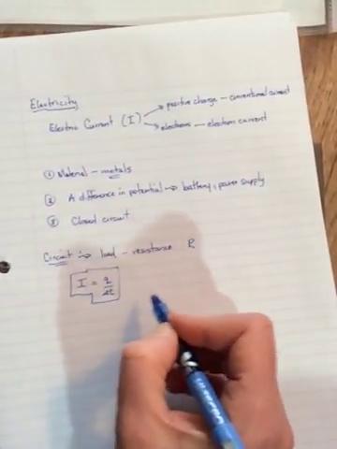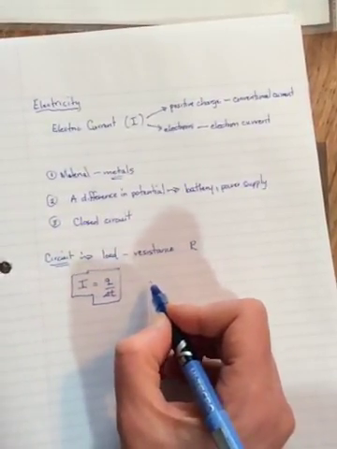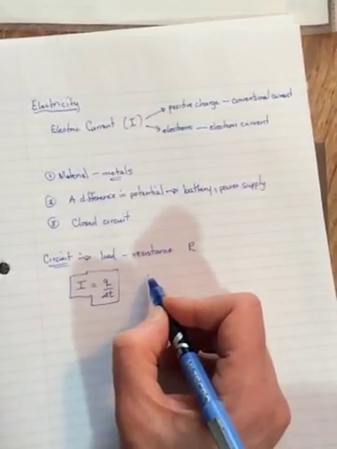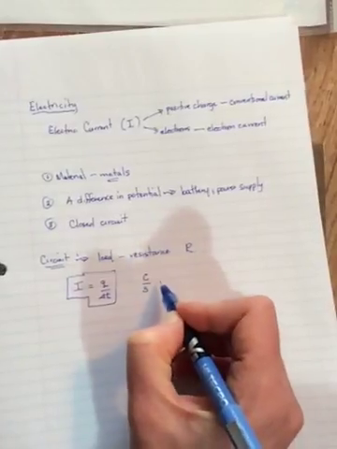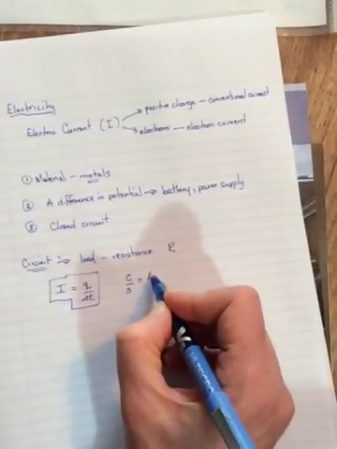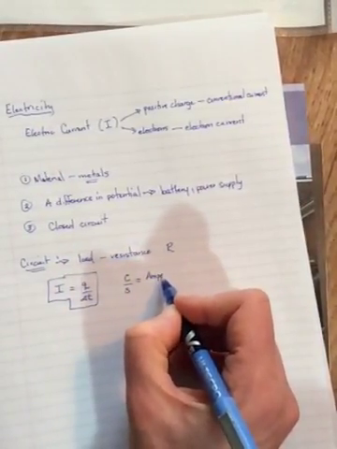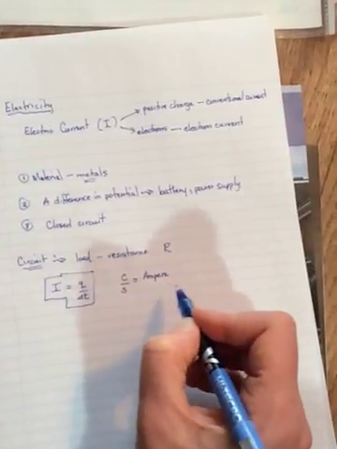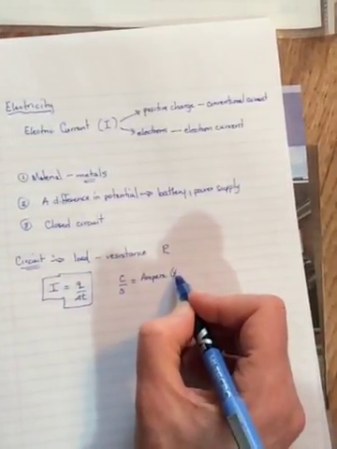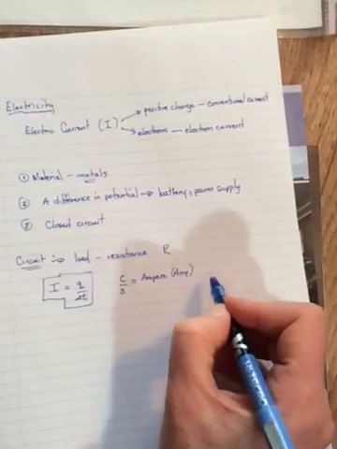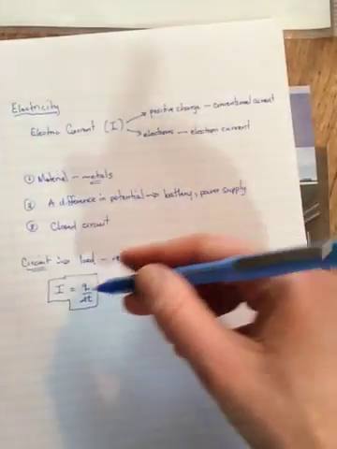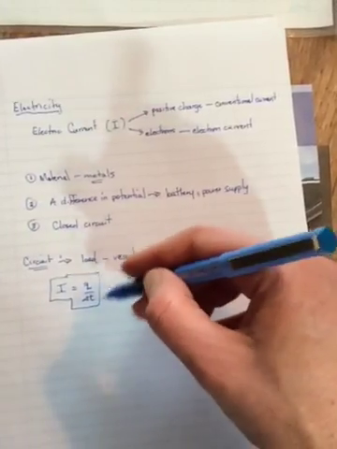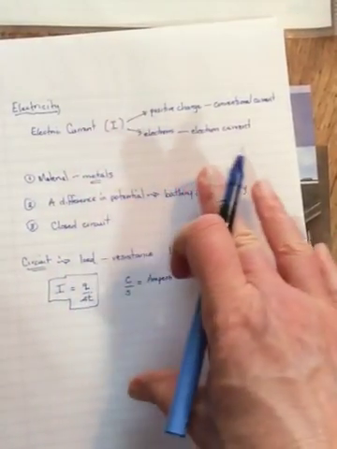So I is equal to Q over delta T. Charge is measured in coulombs, time is measured in seconds, and a coulomb per second is what an ampere is. Now, it's written ampere, but we usually tend to say amp, and it's really just a capital A. Okay? So this equation will also come around quite often in this course.